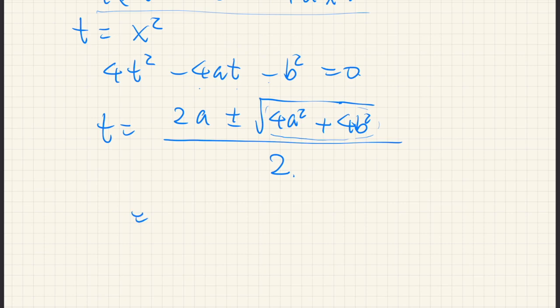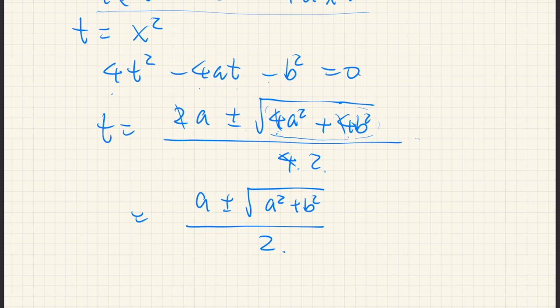This is defined only for real solutions, and it is a real solution. Let's take out this 16 from the square root, as a factor of 4, and they cancel. So that's a plus minus the square root of a squared plus b squared, over 2.